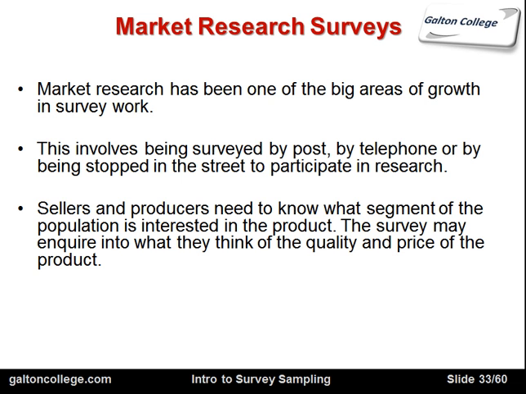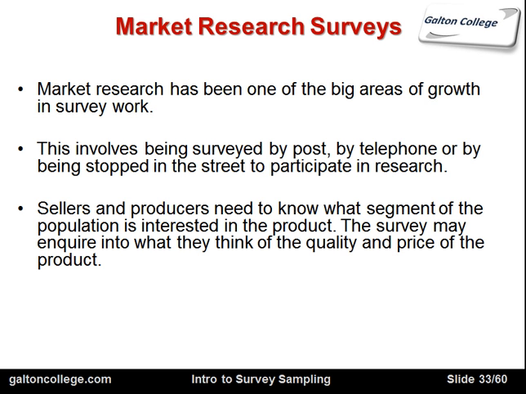Sellers and producers need to know what segment of the population is interested in the product. The survey may inquire into what they think of the quality and the price of the product. This is information being fed back to the producer, who really wants to know what people think of the product and its price and its quality and who it's aimed at and its packaging. How is the product being received in the market?